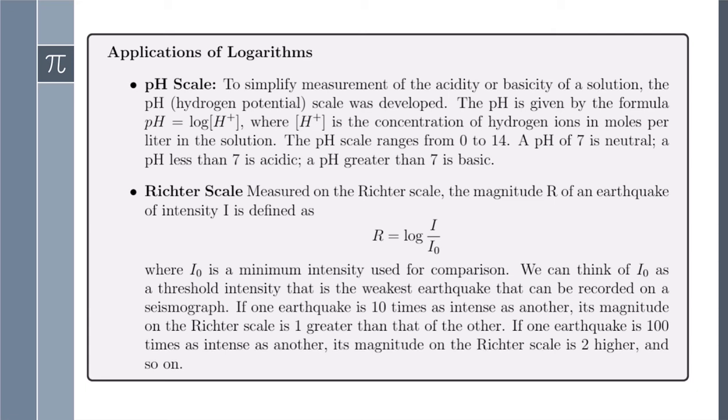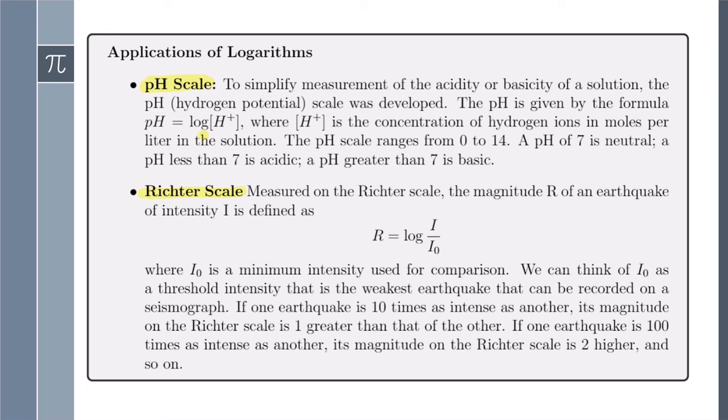So there are so many applications of logarithms as well. Two main applications that I just want to put here are the pH scale, which you have seen before if you are in chemistry class, and the Richter scale. The pH scale is used to measure the acidity of any solution, where pH equals negative log of H positive, where H positive is the hydrogen concentration in a solution.